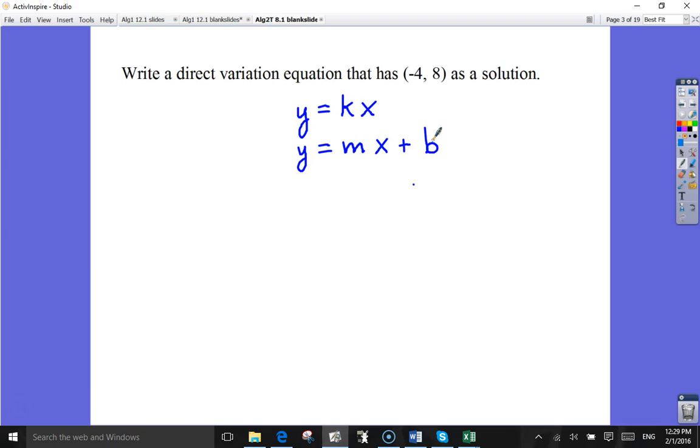Because both x and y are raised to the first power. What's missing in the direct variation that you see in the slope-intercept form? There's no b, which tells you what? That b equals 0. Right, so this is going to go through the origin.